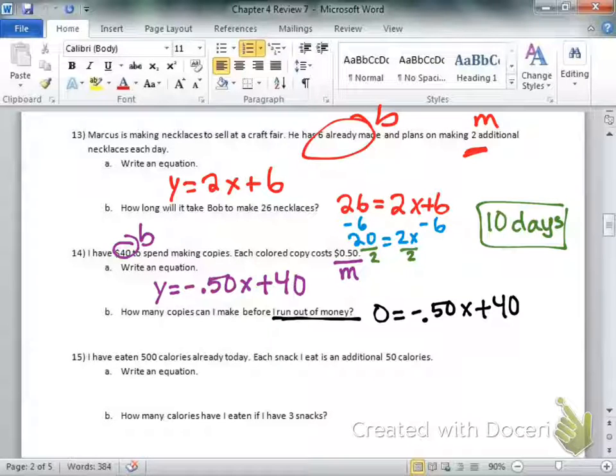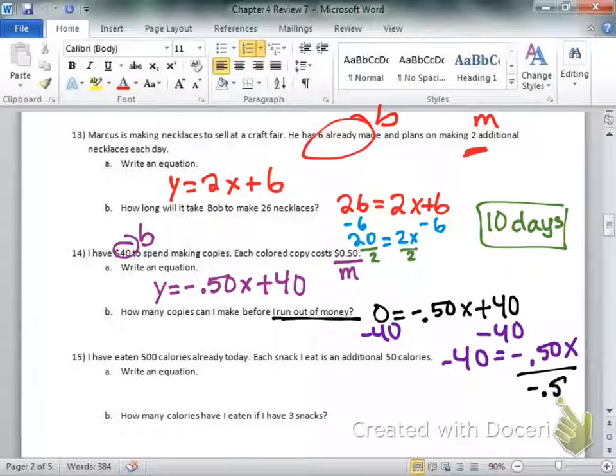So to solve for x, you want to subtract 40 first. 0 minus 40 is negative 40, and that equals negative 0.50x. Divide both sides by that negative 0.50. Type that into your calculator, you actually get a positive 80, so you can make 80 copies before you run out of money.